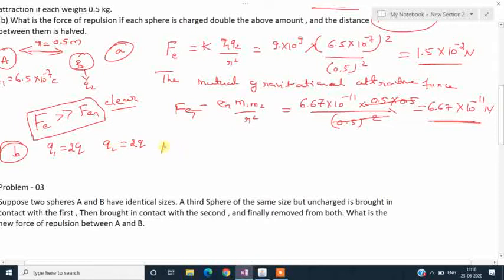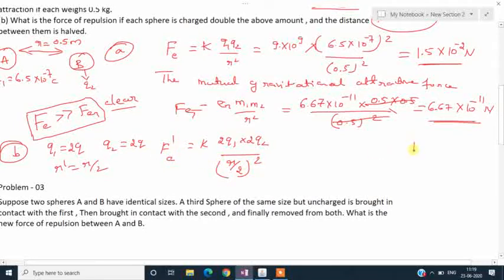Now let me call it F dash E. That is K into 2Q1 into 2Q2 divided by, the R is also reduced. So the new R dash will be R by 2, so that is R by 2 whole square. The distance is simple.